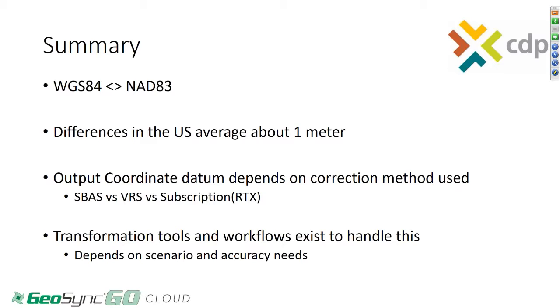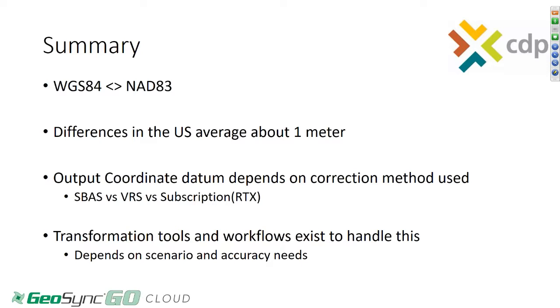Also, the output coordinate datum is dependent on the correction method that you used. It's not dependent on the GPS receiver, it's dependent on the correction method, whether that's SBAS, VRS, or some subscription service.